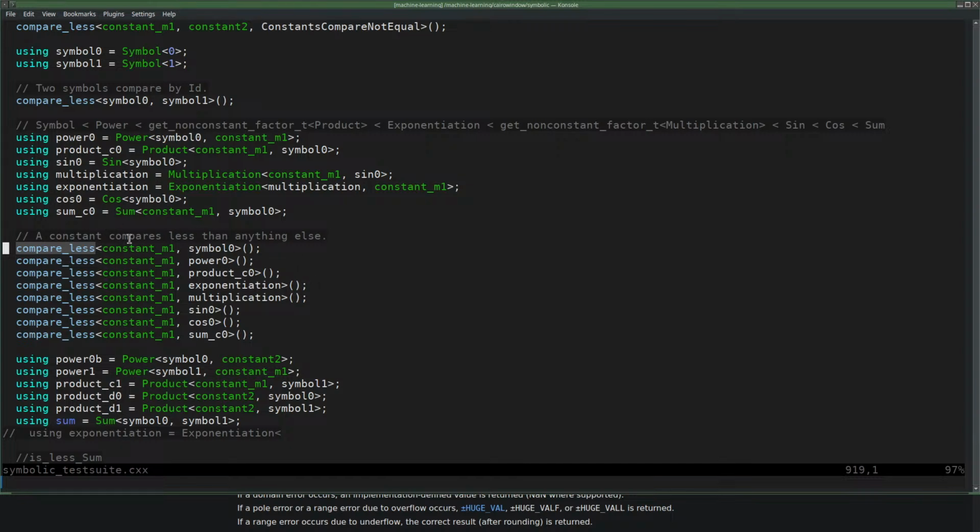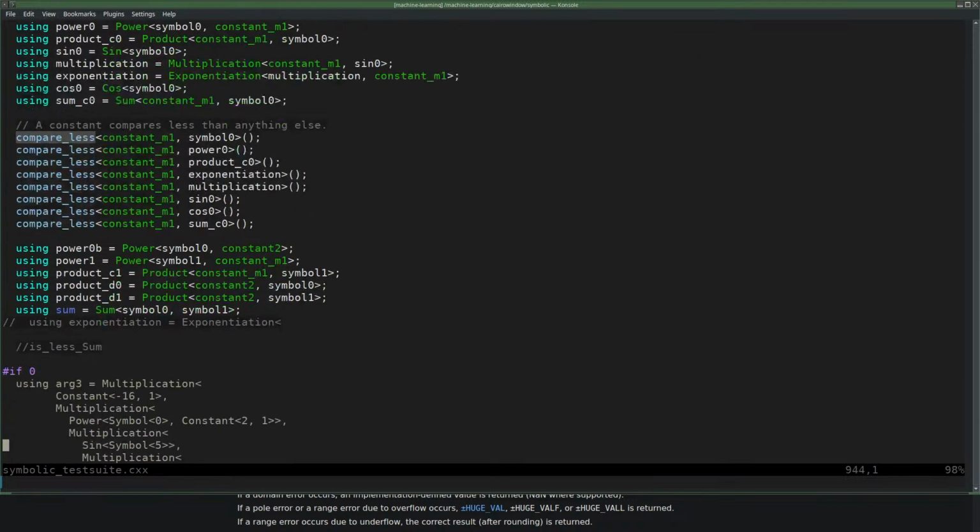So I also test that symbol 0 is not less than the constant. Therefore, I'm now done with constants. So we get constant with symbol and the rest, but now I get symbol with everything below that, and then power with everything below that. So the list gets shorter and shorter.